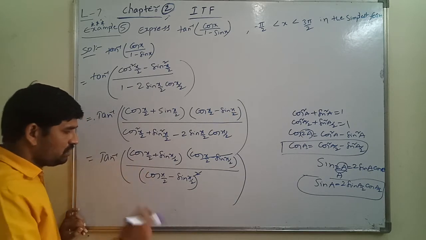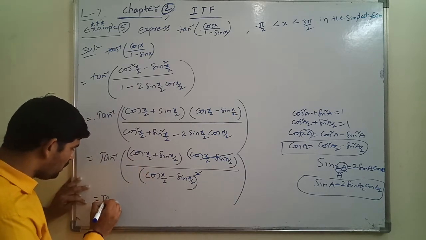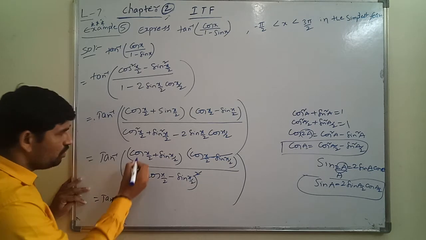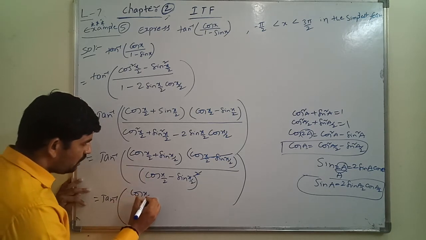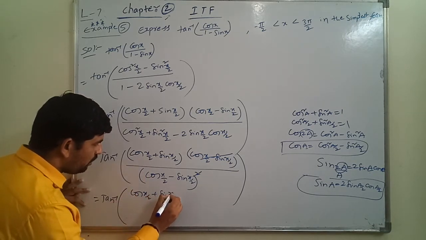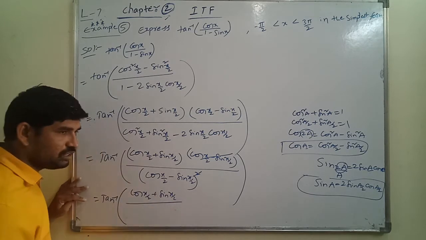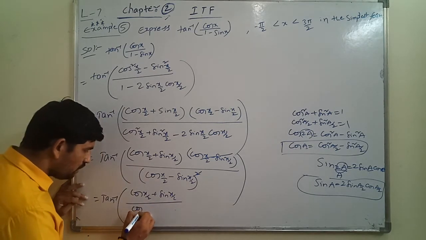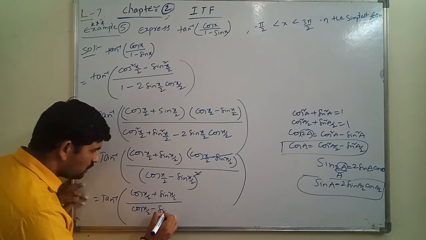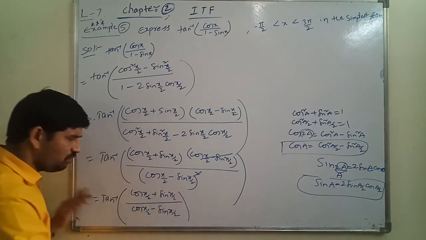Yes. Next, the left out part I will write here: tan inverse of, in the numerator left cos x by 2 plus sin x by 2, and whatever the denominator, that is cos x by 2 minus sin x by 2. Yes, completed.